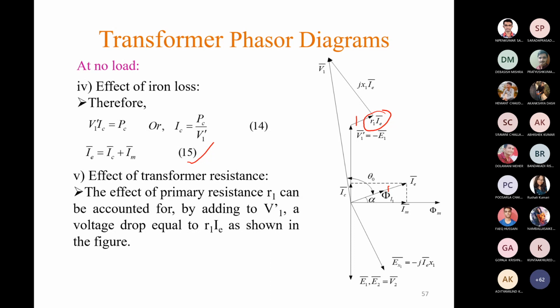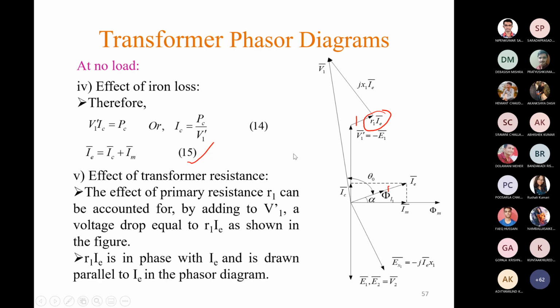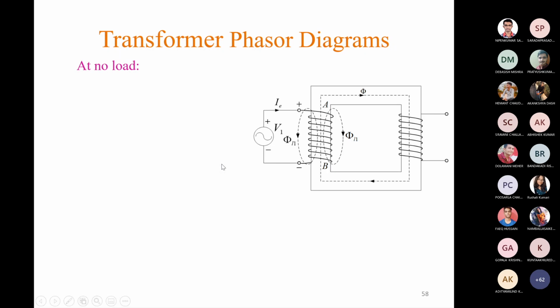That is why this drop is added to V1 dash, drawn parallel to I. So R1 I is in phase with I and is drawn parallel to I in the phasor diagram. So that is the effect of primary winding resistance.